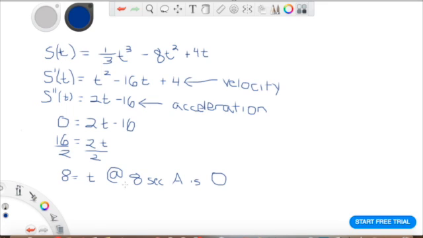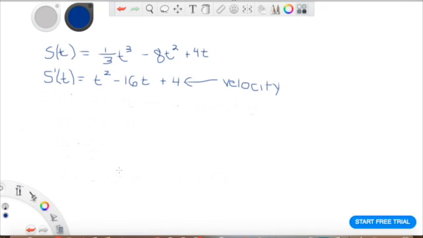So now we need to find what the velocity is at 8 seconds. If we know that at 8 seconds acceleration will be 0, we just need to substitute 8 into the velocity equation.